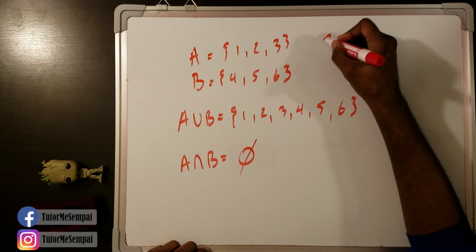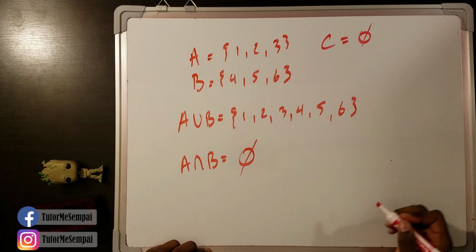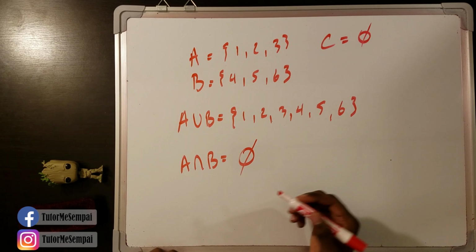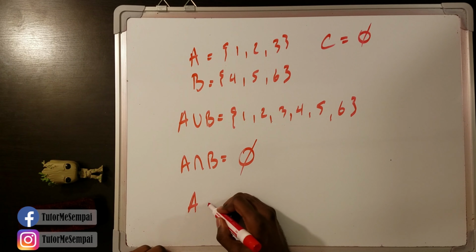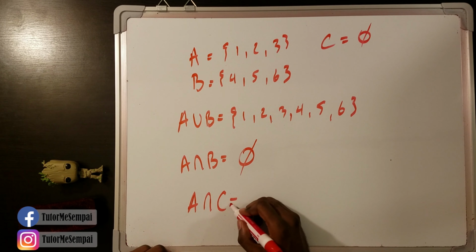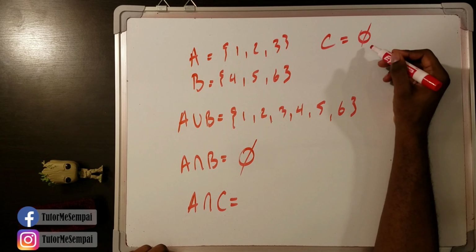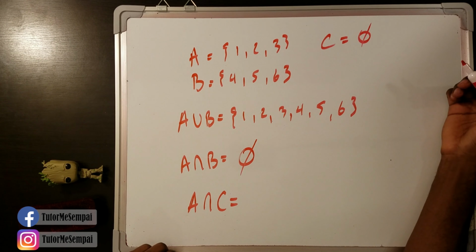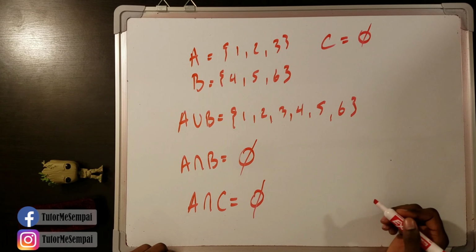Likewise, let's say we had C, which was the empty set. If you were to try to find the intersection between, let's say, A and C, well, if this is already empty, they don't have anything in common, right? So this is going to be another empty set.